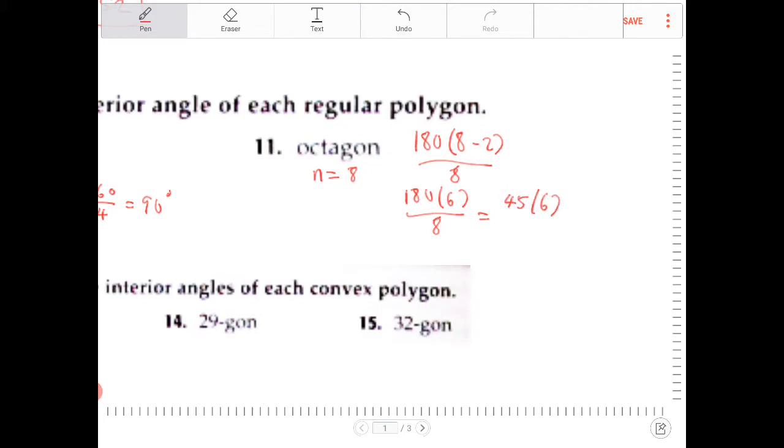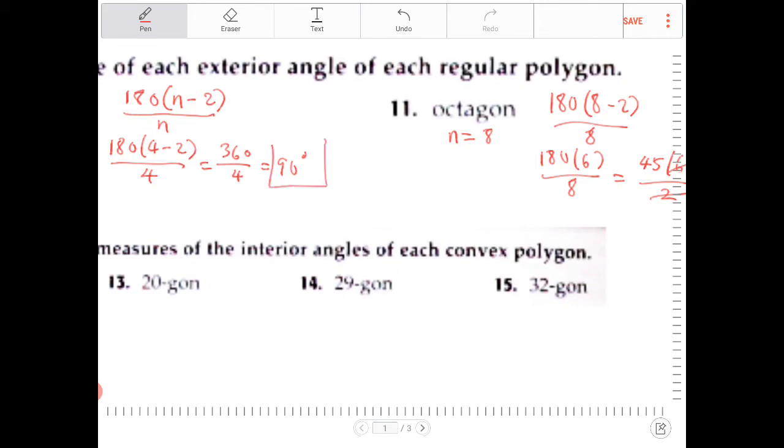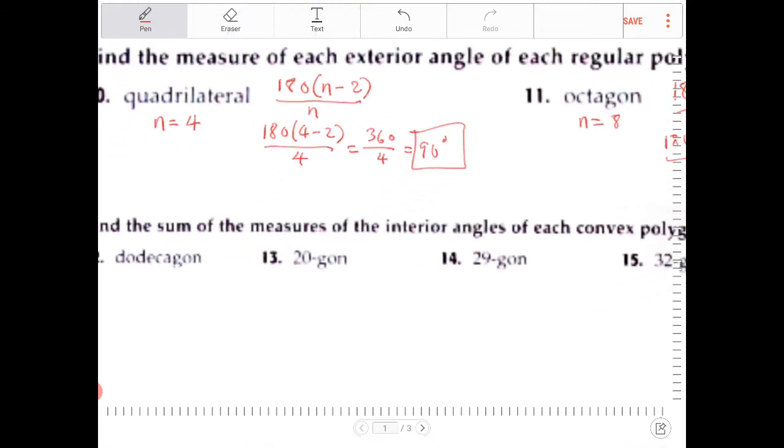So it becomes this over 2, and 2 goes into 6 3 times. So I'm left with 135. So this is 135 degrees for an octagon. The interior angle is going to be 135 degrees. The interior angle for a quadrilateral is 90 degrees.